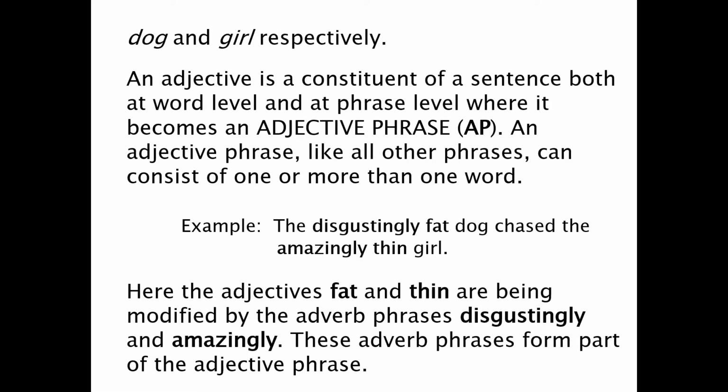The adjectives fat and thin pre-modify the nouns dog and girl respectively. An adjective is a constituent of a sentence both at word level and at phrase level, where it becomes an adjective phrase. An adjective phrase, like all other phrases, can consist of one or more than one word.